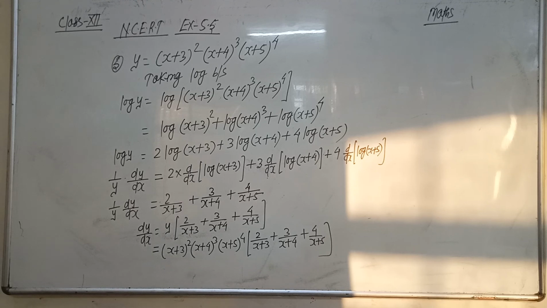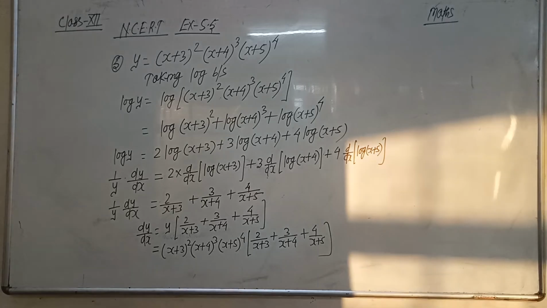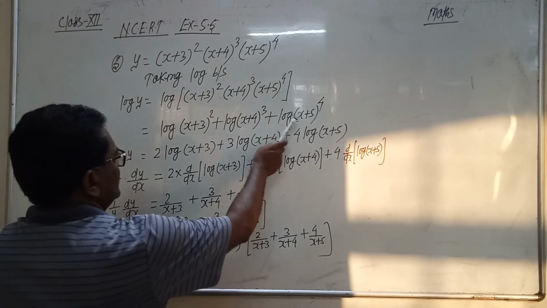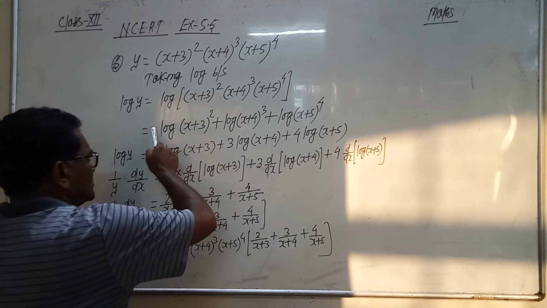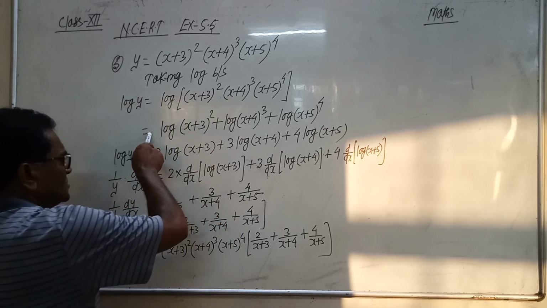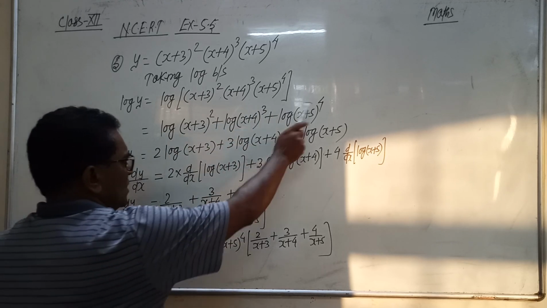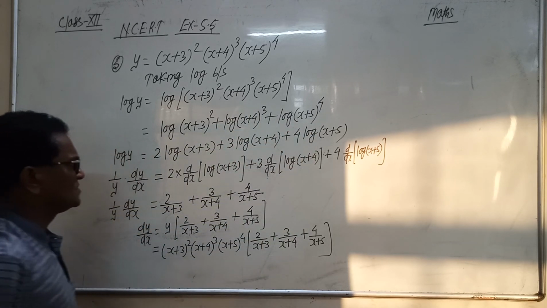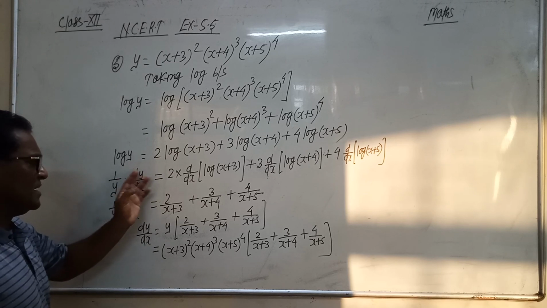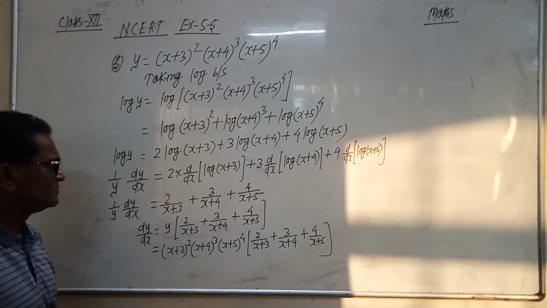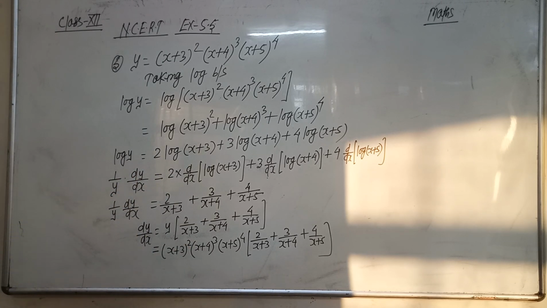Log of a into b into c becomes log of a plus log of b plus log of c. Then power comes before. This 2 comes before: 2 log (x plus 3) plus 3 log (x plus 4) plus 4 log (x plus 5). Then we differentiate both sides, and we get the result dy by dx.